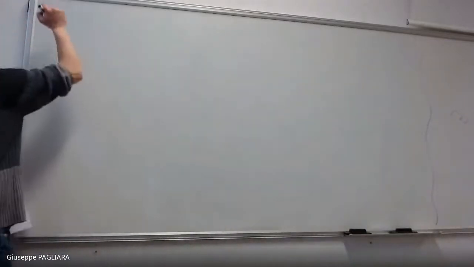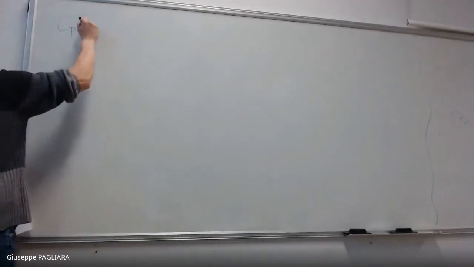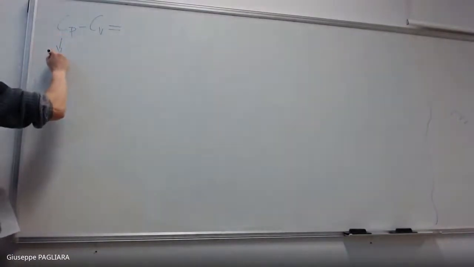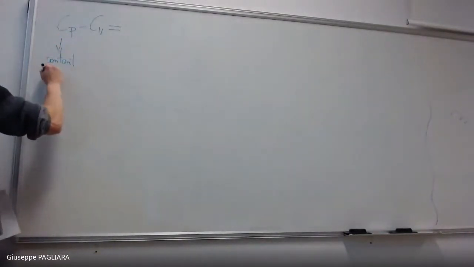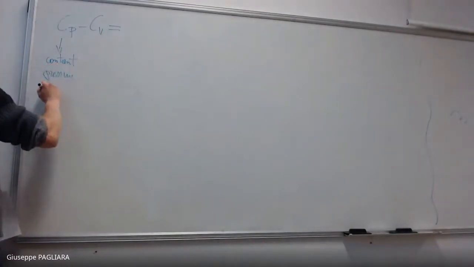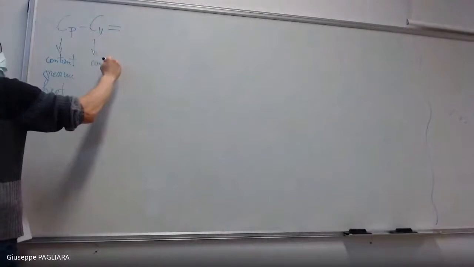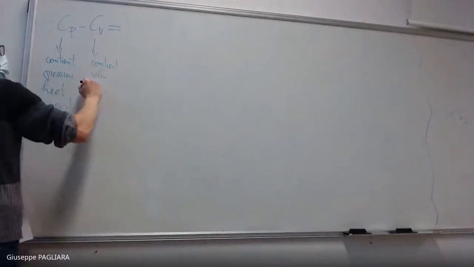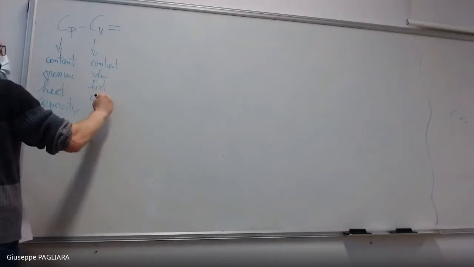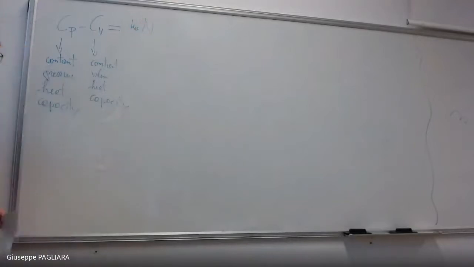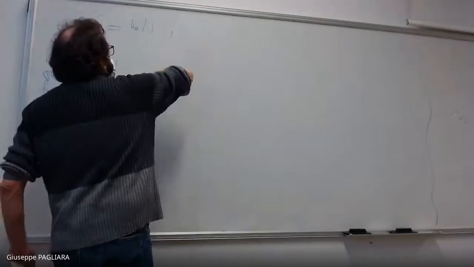Now, we need to remember these two relations, that Cp minus Cv, this is constant pressure heat capacity, and this is constant volume heat capacity, and these are equal to Kb, this one thing that we need to refresh.